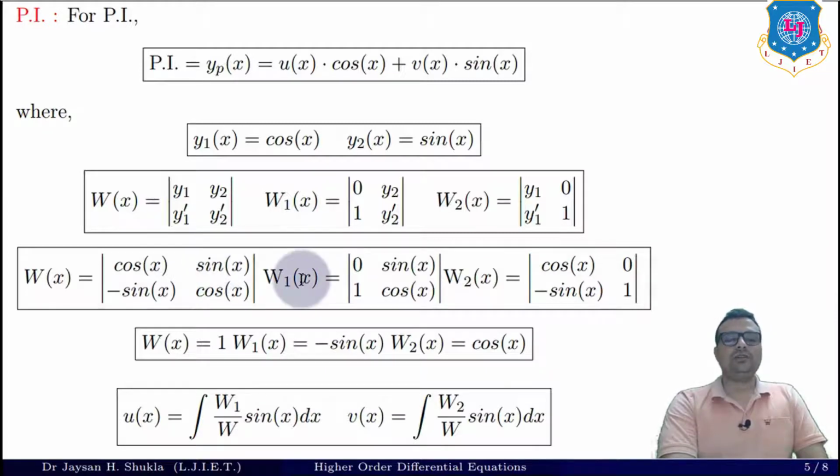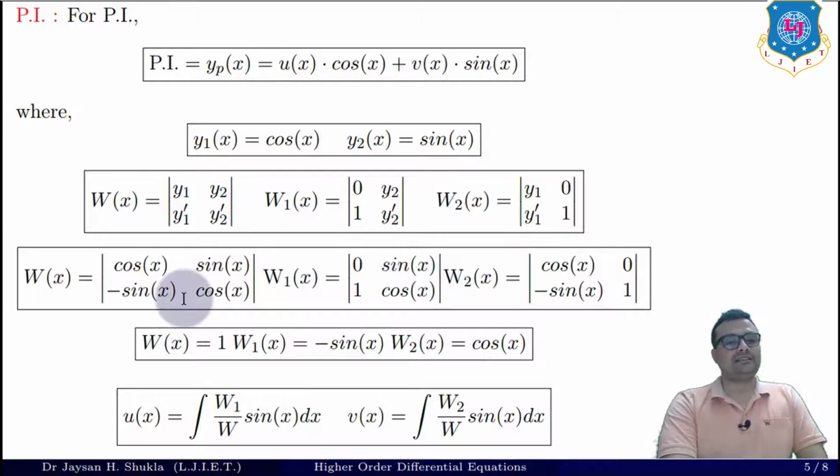W1 indicates the Wronskian with respect to y1, and W2 indicates the Wronskian with respect to y2.